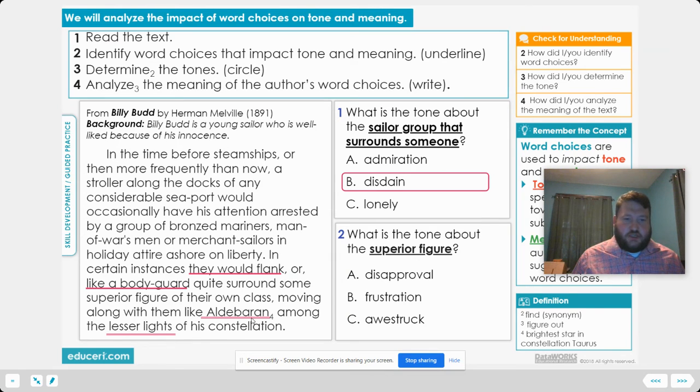Our two sections are moving along with them like Aldebaran and among the lesser lights of his constellation, in our description here, which is talking about the constellation Taurus. So when we're looking at these two words, definitely awestruck, right? We look up at the stars typically in an awestruck fashion, not in one of frustration or disapproval.